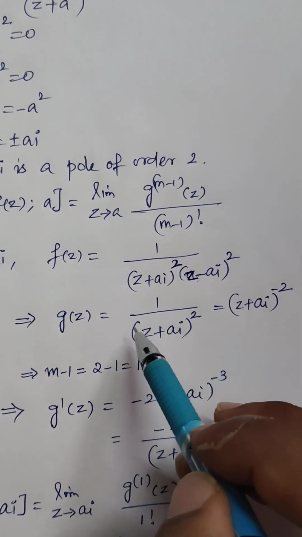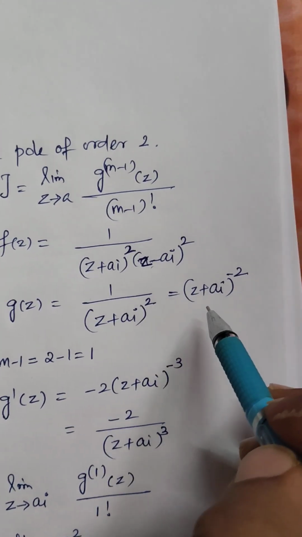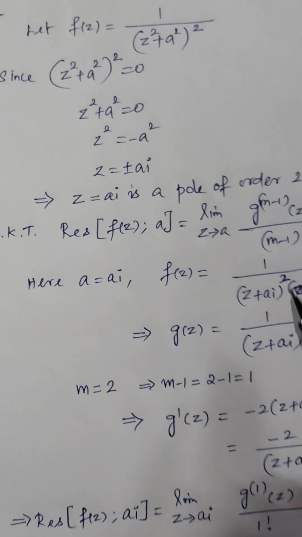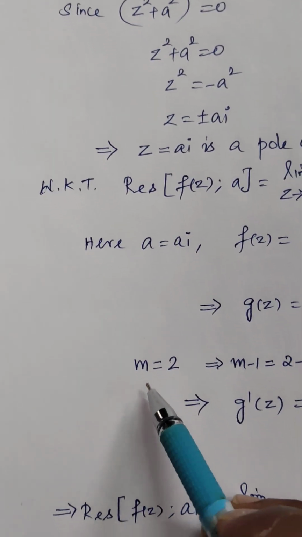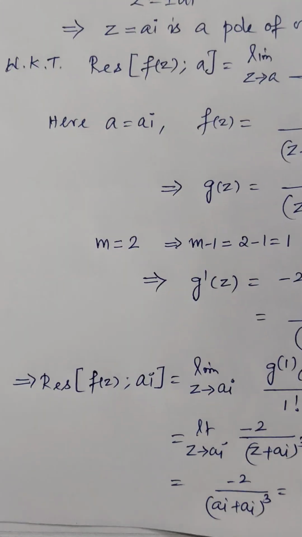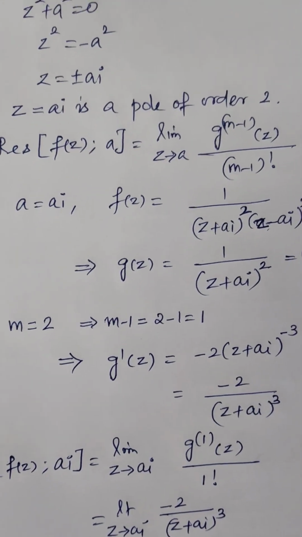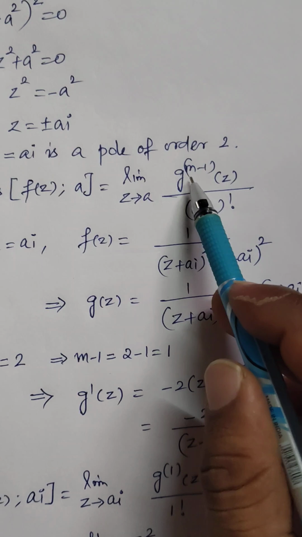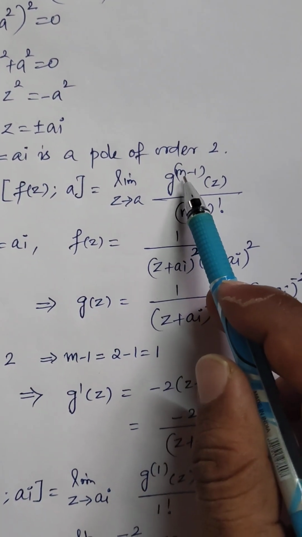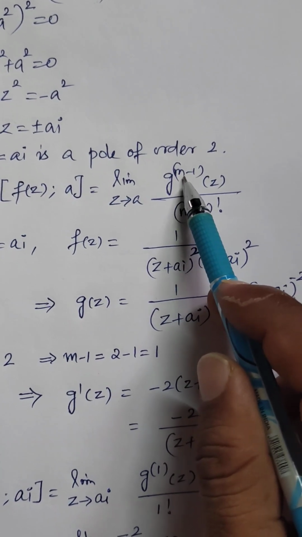So g of z is equal to 1 by (z plus ai) whole square, that means (z plus ai) whole power minus 2. And the order m is equal to 2, so m minus 1 is equal to 1. So if we replace m by 2 in the formula, we get g power 2 minus 1, which is 1.